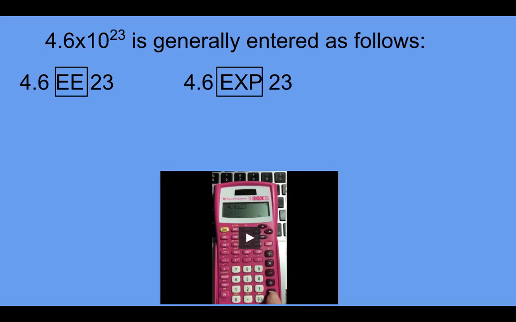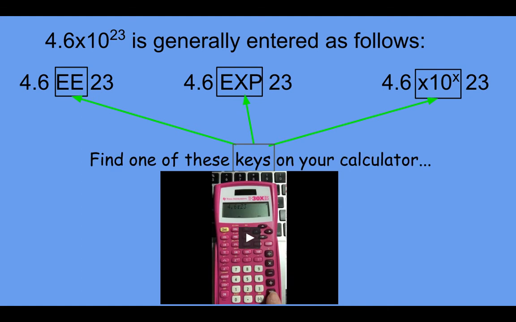So that's another option. It's not always a second function button, but you can look at your calculator. And some even have a button that says times 10 to the x. That's pretty easy and straightforward. So look on your calculator, pause the video, and see if you can find one of those buttons.